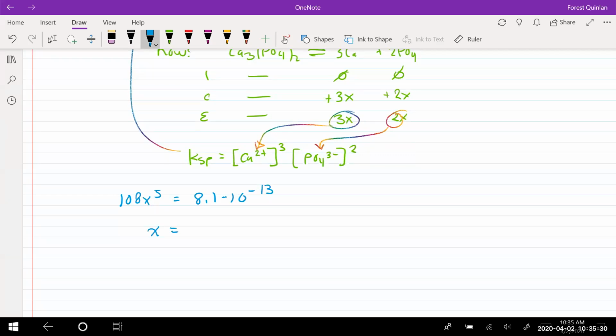X is equal to 0.00150. So wow, even though it has a low Ksp, you can get a measurable amount of calcium floating around in solution if you do this.